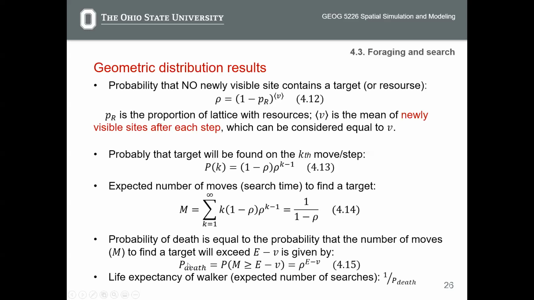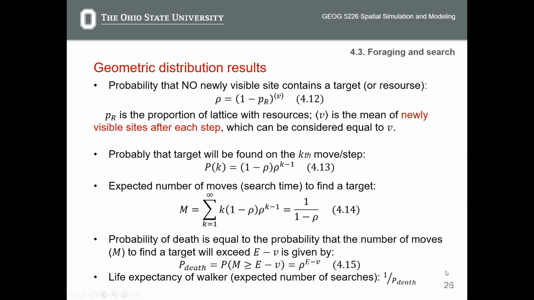That's more accurate. And the life expectancy of the walker is the reciprocal of the death probability. The life expectancy of the walker can also be considered as the expected number of searches.